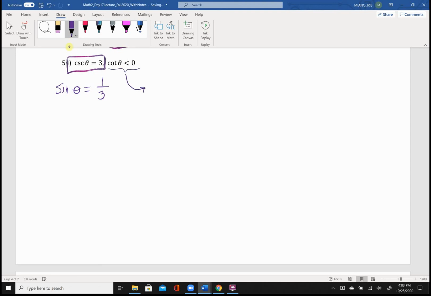Well, this is saying, what's the cotangent? It is the cosine theta over sine theta. That has to be less than 0, or negative, right? But wait, the sine is clearly positive. It's 1/3. No negative sign in front of it there. So since the sine is positive, but the ratio between cosine and sine has to be negative, that means the cosine has to be negative.